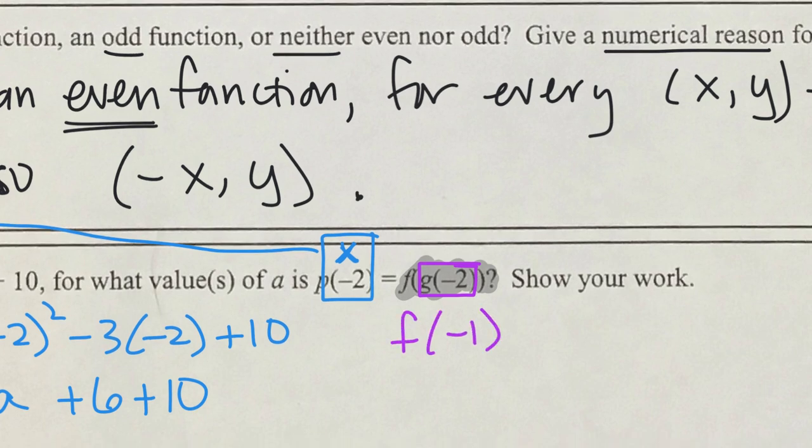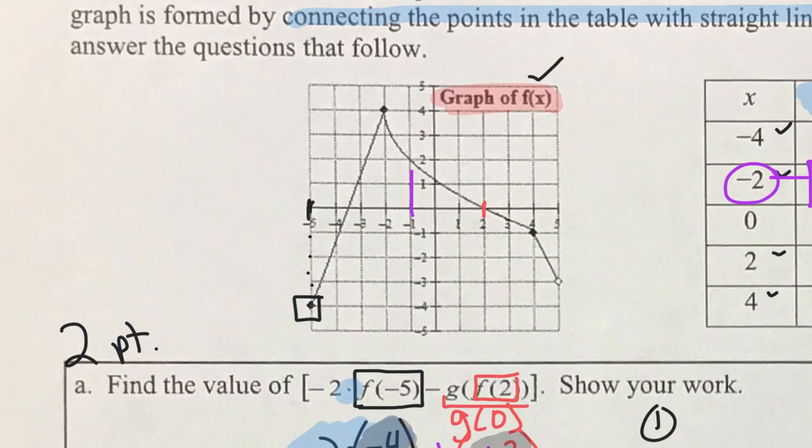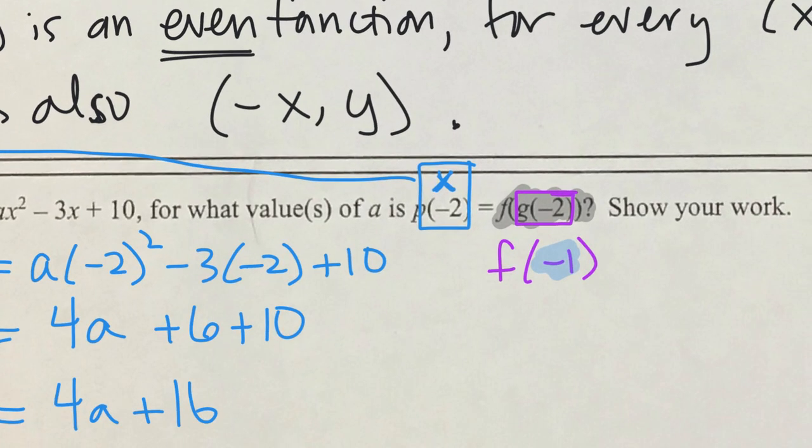Now I go to my graph. On my graph, when the x is -1, our y value is +2. So I know that p of -2 is equal to +2.